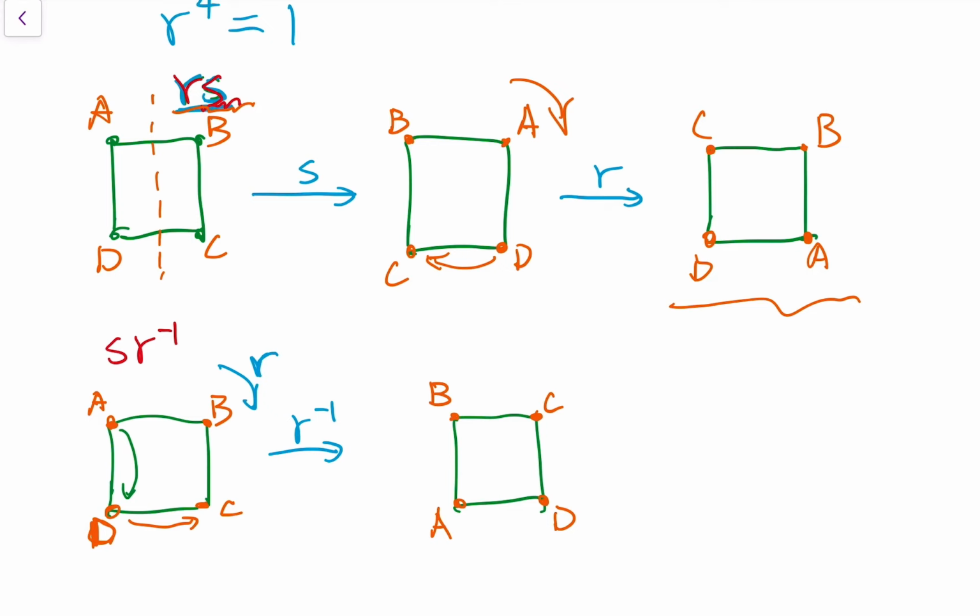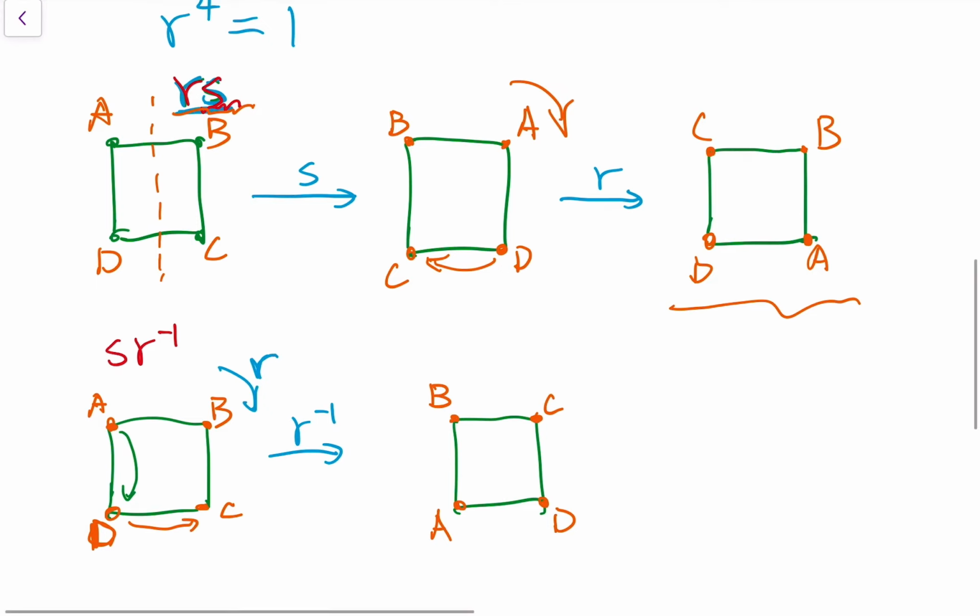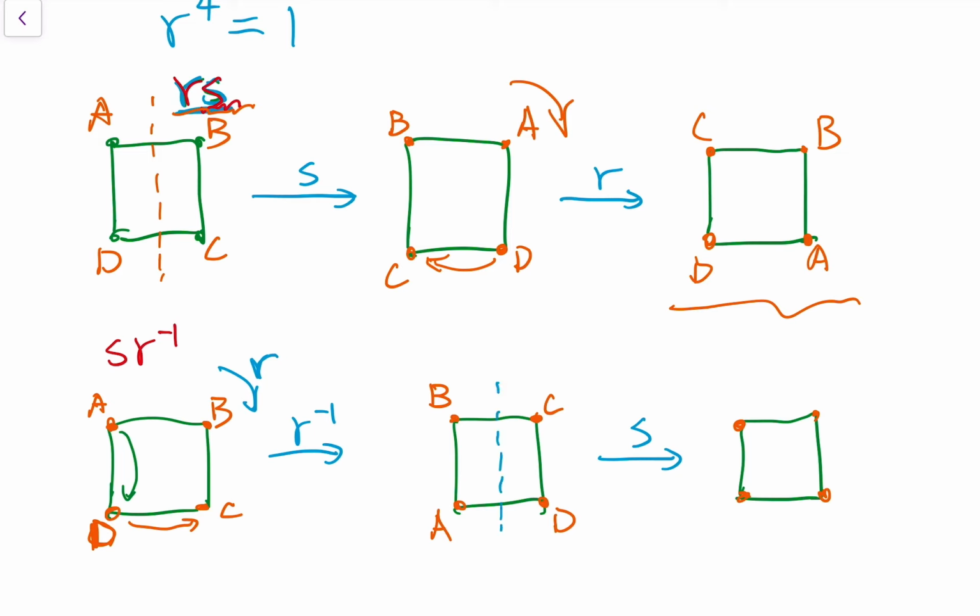Then we apply S, when S is flipping along this line. So after applying S, we get C goes to here, so this is C, B goes to here, this is B, and this is D, and this is A. So we can say those two results are the same.